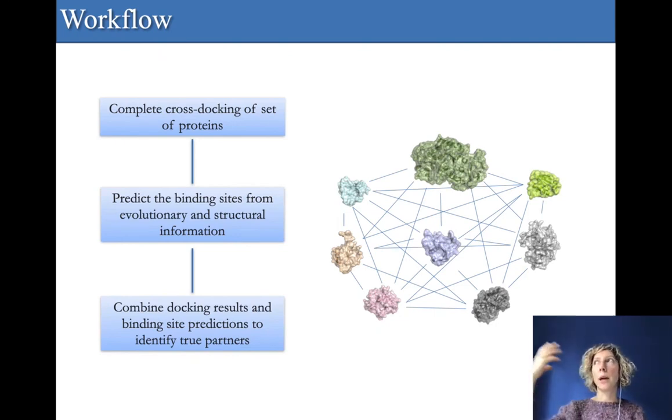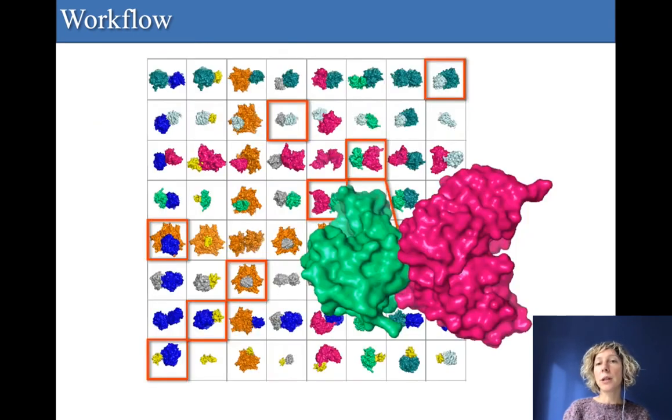So for example, if we have the experimental binding sites, we will compare the interface we have in the docked conformation with these binding sites, and we pick the conformation that has the best agreement. Or if we don't have this knowledge, we may take binding sites that are predicted. We have several methods that can predict binding sites. And so the idea is that you can then compute an interaction index for each pair using this best conformation.